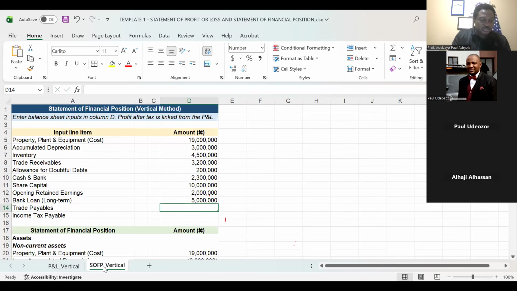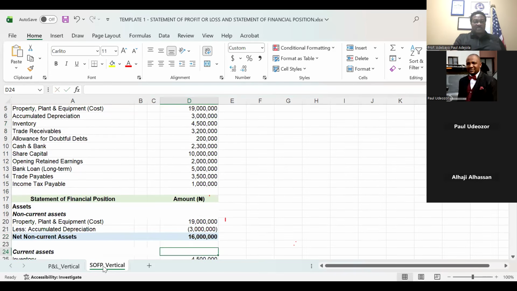Trade payables, 3,500,000. You see, all I'm just doing is to populate this. I'm not preparing anything. The income tax payable, you see that is 1 million. That is all. Now let's see our statement of financial position.